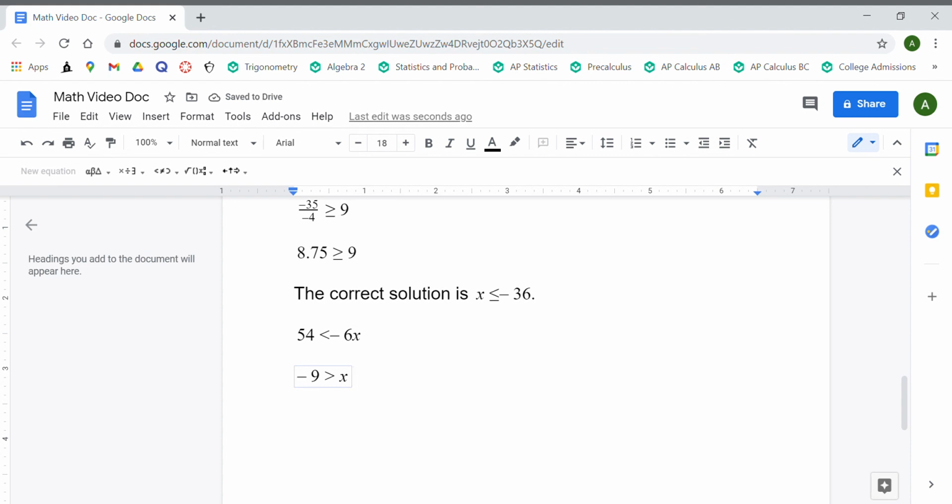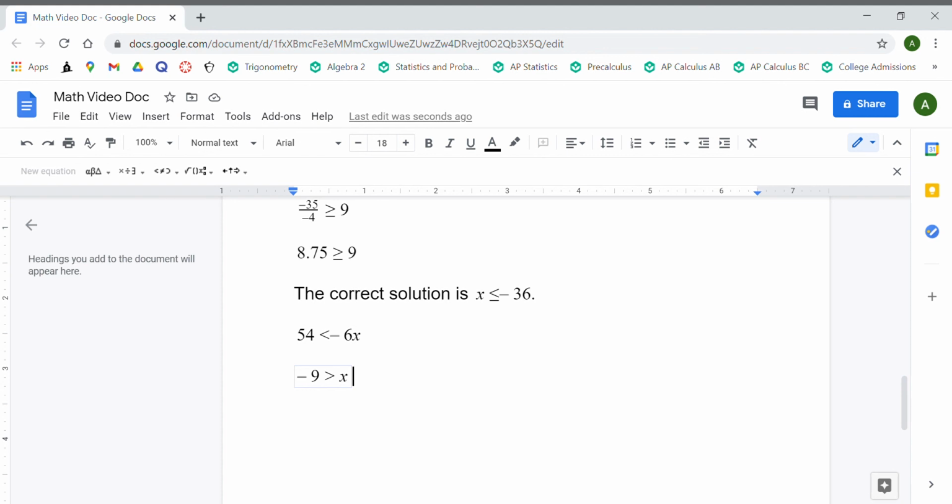However, if you try to graph this on a number line by doing this, you might confuse yourself. Because if you decide to graph an open circle at negative 9 and shade to the right, that's the wrong answer.